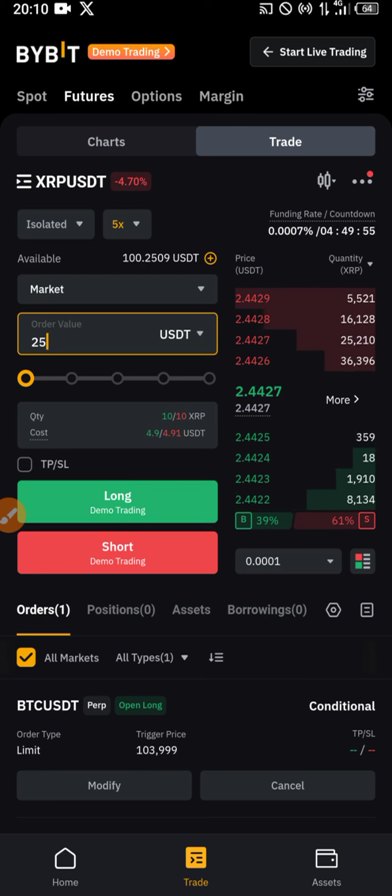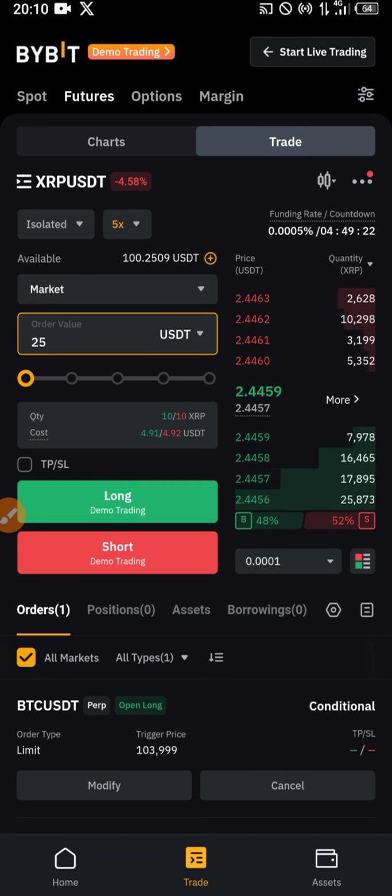But when you are trading conditional order, can you buy above current price? Yes, with trigger price. Can you sell below current price? Yes, you can. So that is the difference between limit and conditional. And what about market price? Market is: I want to buy immediately.